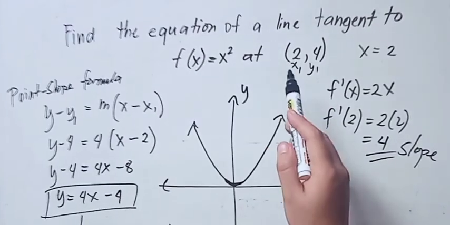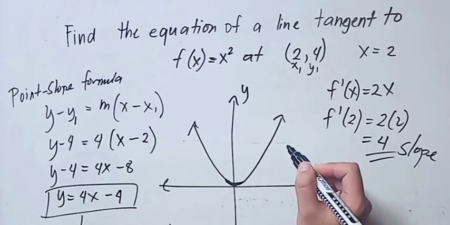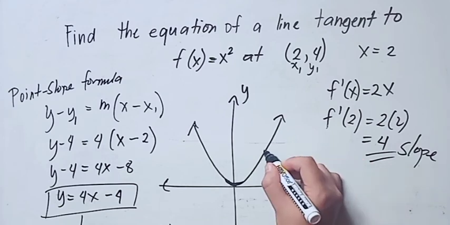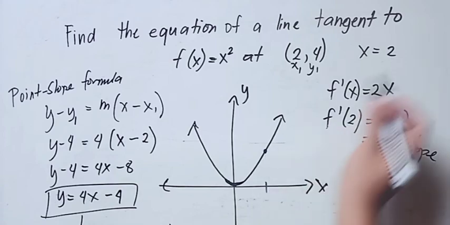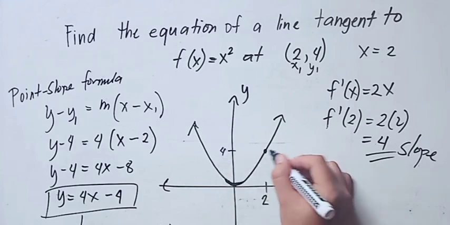And we know that a tangent line is a line that touches a curve at exactly one point. So let's say this is our coordinates 2 and 4.